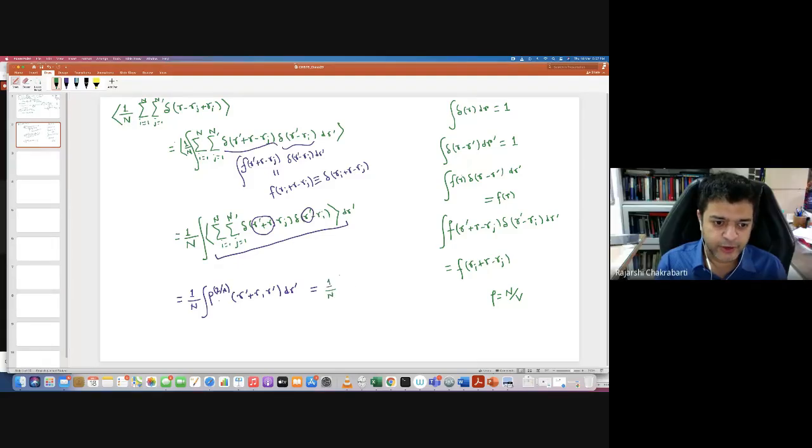This one I can replace as rho square times the integral of g of r comma r prime dr prime.